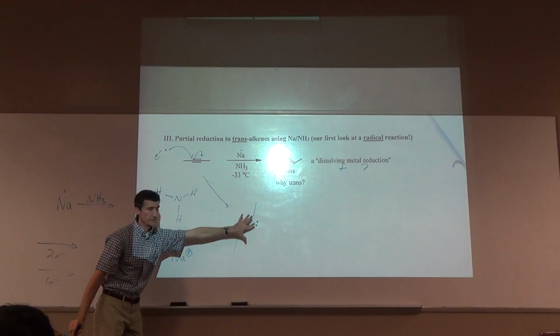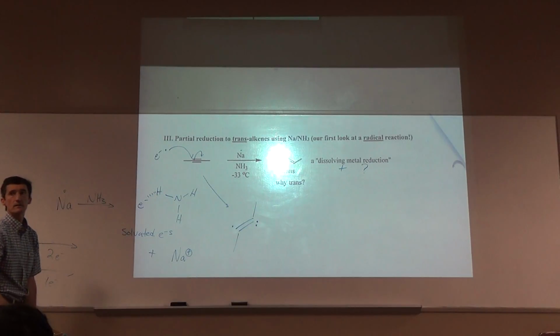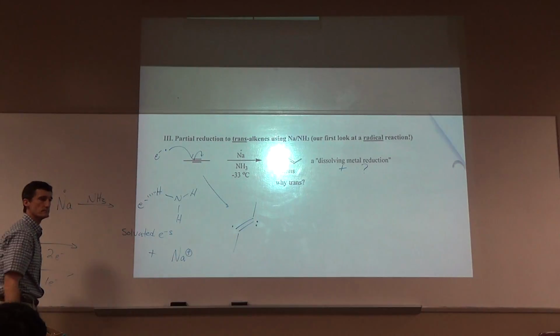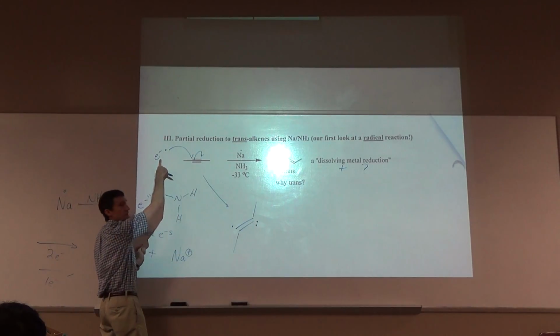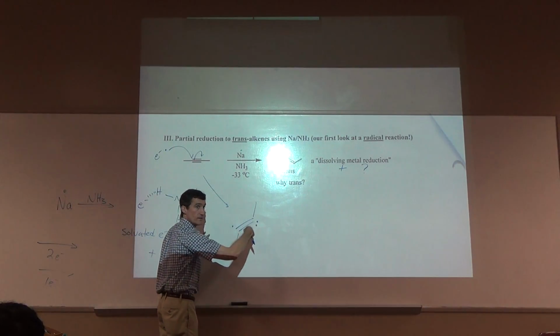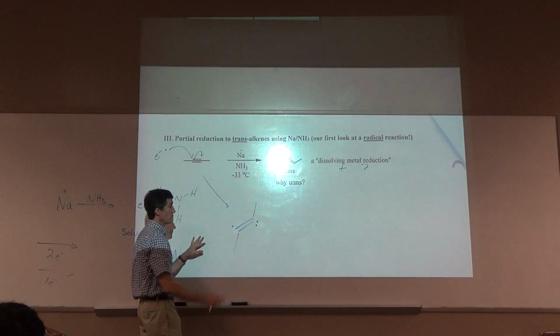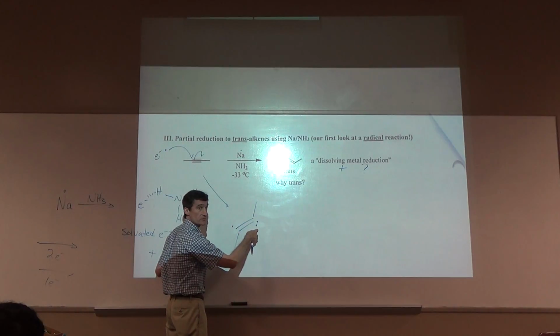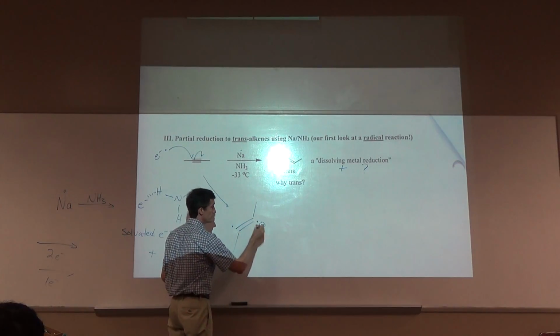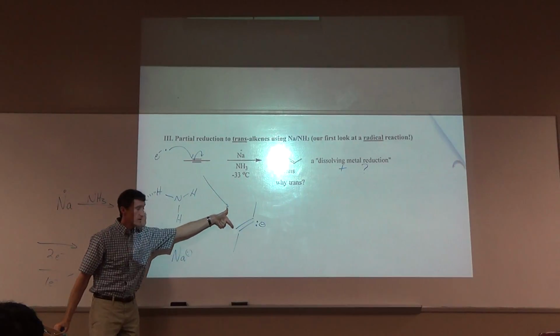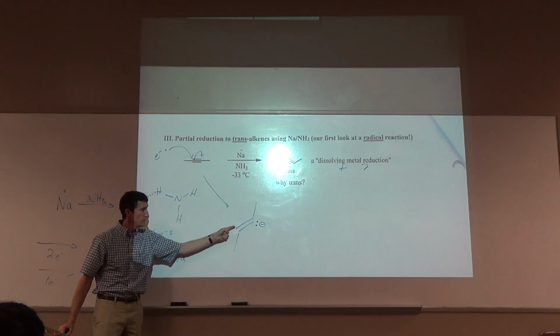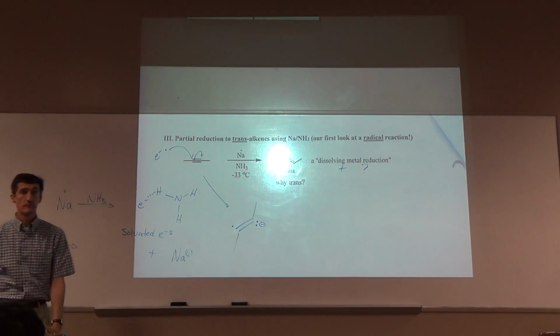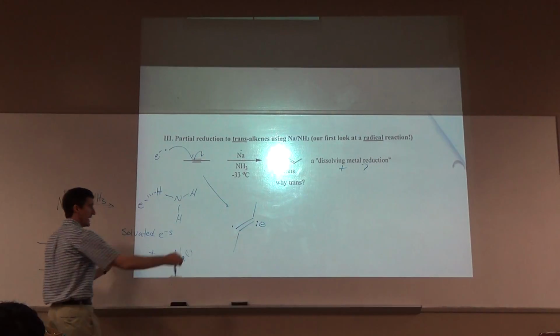What's the charge of this species now? That's neutral. What's the charge of this guy? -1. What's negative? This carbon owns 5 electrons. It's only supposed to have 4. That's negative. That carbon is neutral. It owns 1, 2, 3, 4. But this is a radical.